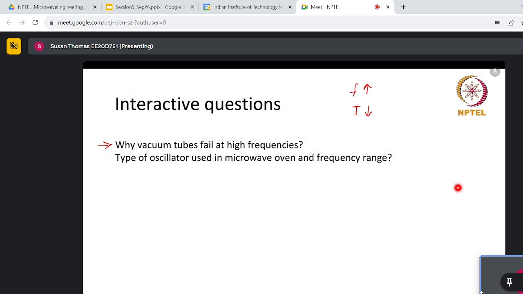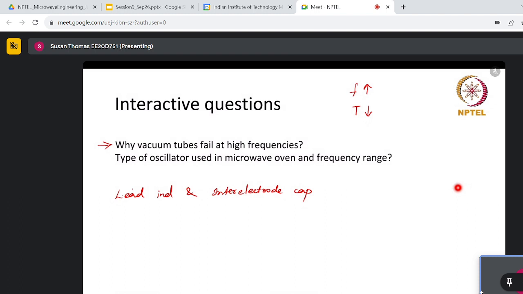I will just quickly write these points, the lead inductance and the interelectrode capacitance. The real part of the input impedance becomes low, which will short circuit the source and reduce the power output from the vacuum tubes. So that is one of the reasons why we do not use vacuum tubes.